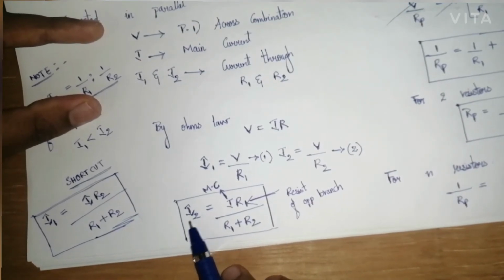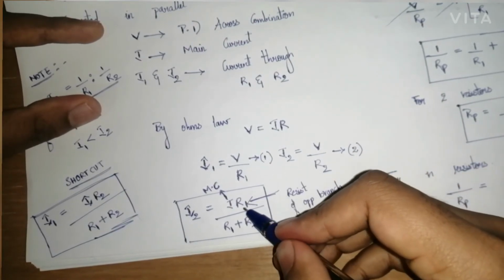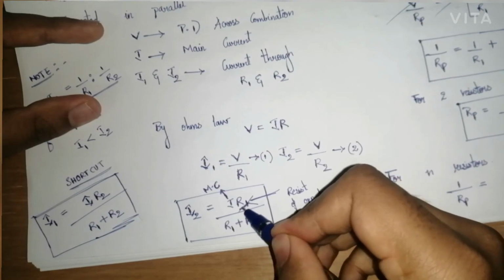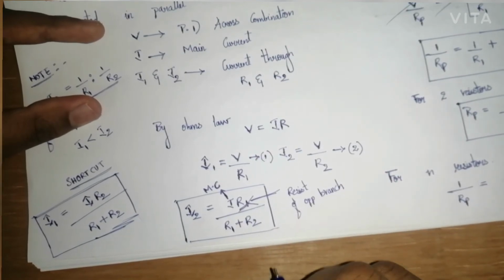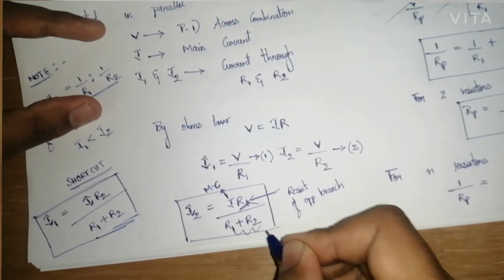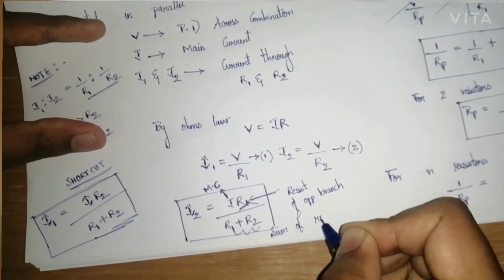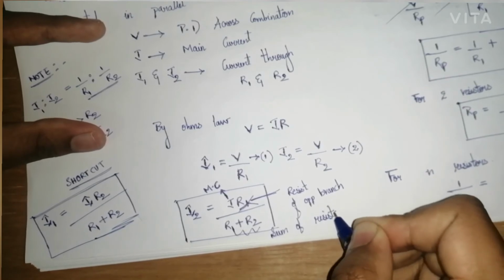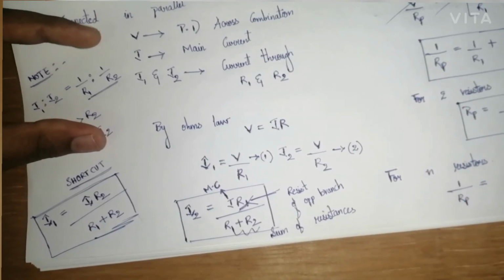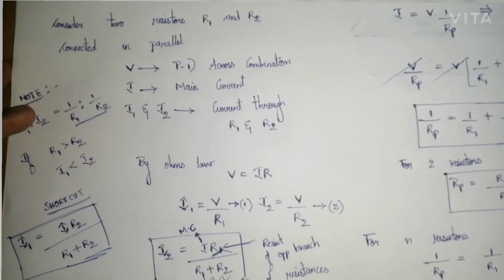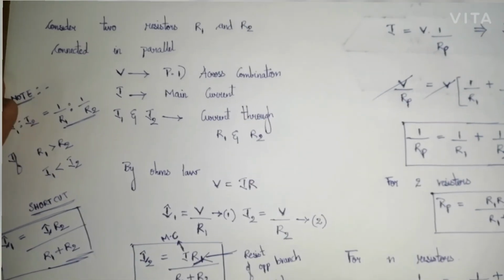See here you have taken I2, that is current I2, but you have the resistance of the opposite branch divided by the sum of resistances. This is not so important for your board exams. For your competitive exams, this shortcut will be very, very helpful.